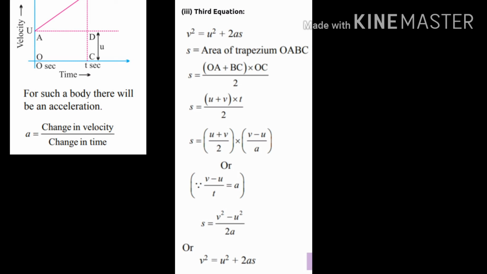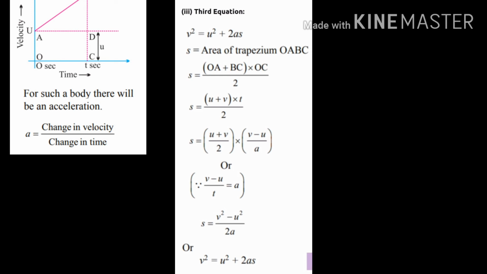Now if I take the average, then we have to add OA plus BC. So speed is equal to distance by time, that means distance is equal to speed into time. So we have taken the average speed multiplied by the time. So it became equal to (OA plus BC) into OC upon 2, which says it is equal to (u plus v) into t upon 2.